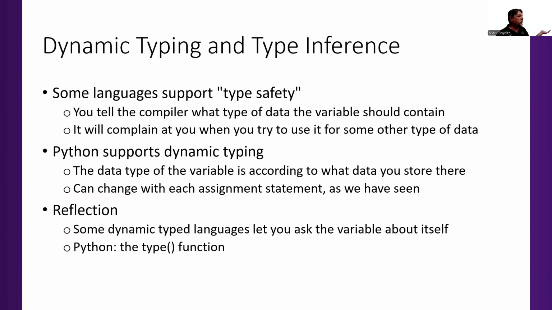And most of the modern editor environments, if you just hold your mouse over the name of the variable, it'll pop up a little block that says, oh, this is an integer. It might even tell you what the value that's stored in it is right now. So you can find it out, but reflection is what we use as the term of asking a variable about itself.